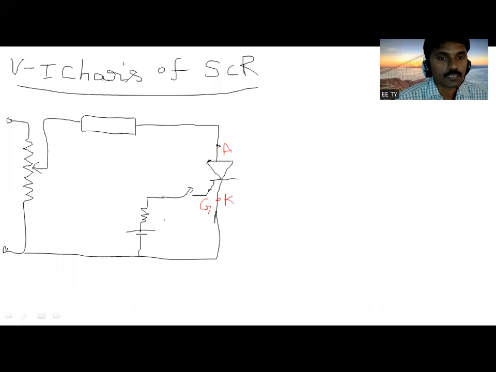Okay, this is the switch. We are providing one supply voltage. This is the main supply. Clear? This supply is given to the anode voltage, sorry, given to the thyristor across the anode and cathode.